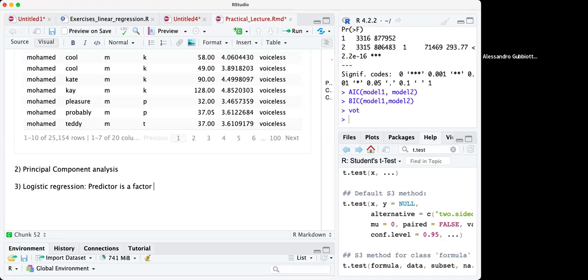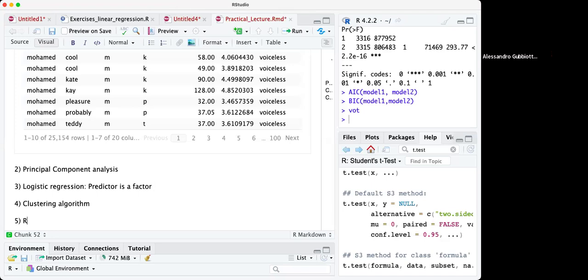But logistic regression is super used in general, and in linguistics you have a lot of categorical variables. So I think you will use it a lot if you do statistics. Then logistic regression, principal component analysis, then clustering algorithms, and decision trees and random forests also.